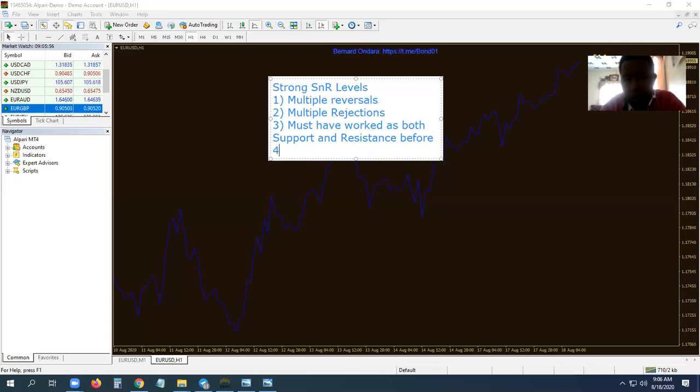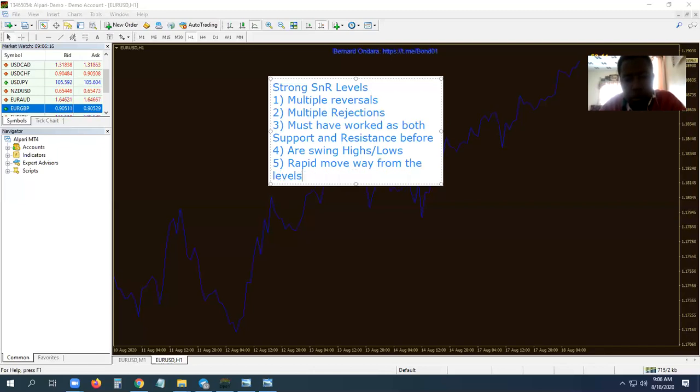Number four, strong levels are swing highs or swing lows. Number five, rapid move away from the levels.